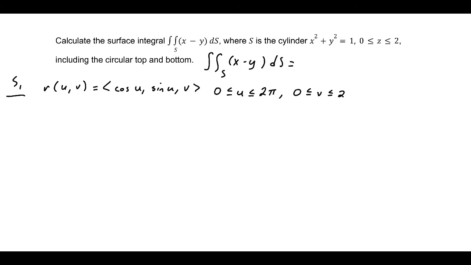For this parameterization, t sub u is angle bracket negative sine u, comma cosine u, comma 0, end angle bracket, and t sub v is equal to angle bracket 0, comma 0, comma 1.